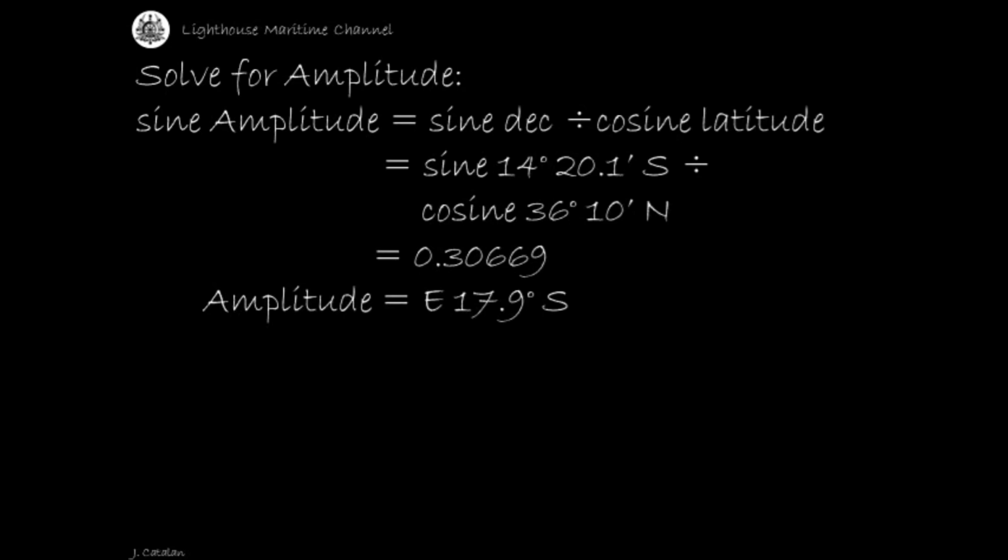The result is 0.30669. In your calculator, press second function, then press sine. The result is amplitude, which is equal to east 17.9 degrees south. Prefix east is from rising, and suffix south is from the declination.